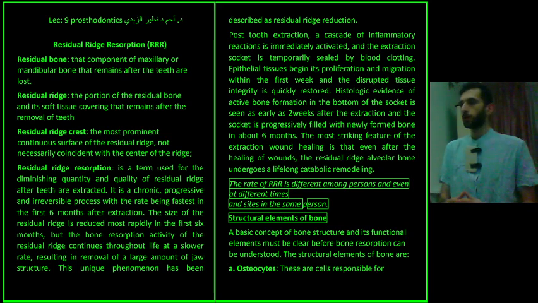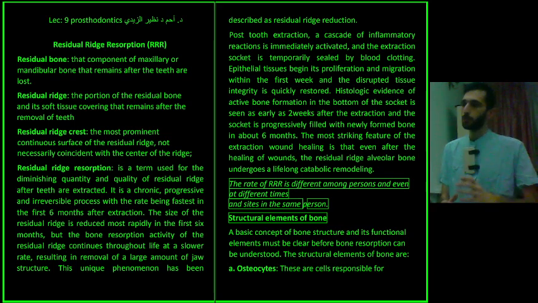It is a chronic, progressive, and irreversible process, with the rate being fastest in the first 6 months after extraction. The size of the residual ridge is reduced most rapidly in the first 6 months.